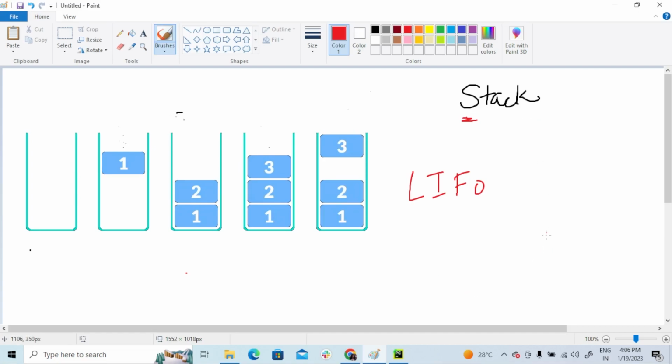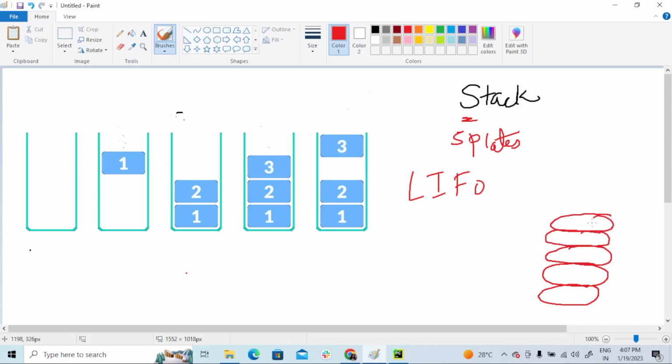Let me explain with a real life example so that you get an idea about this concept. Let me think of the stack data structure as a pile of plates. Think that there are 5 plates that I have to place one after the other. This is the first plate, this is the second plate, this is the third, fourth, and this is the fifth plate.